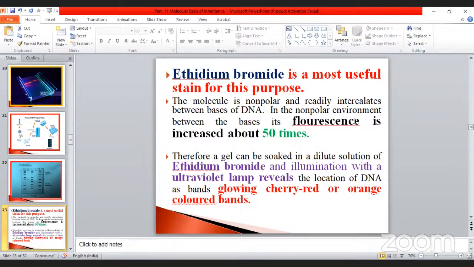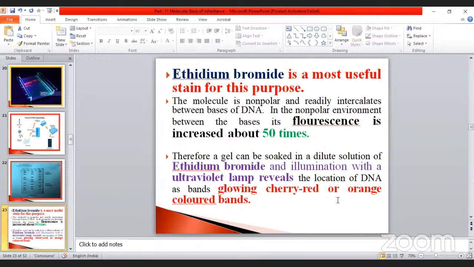One time they asked which chemical is used for the staining purpose. Another time, how many times the fluorescence increases. The third one, after ethidium bromide application, what color the DNA band looks like: cherry red or orange color had been given.